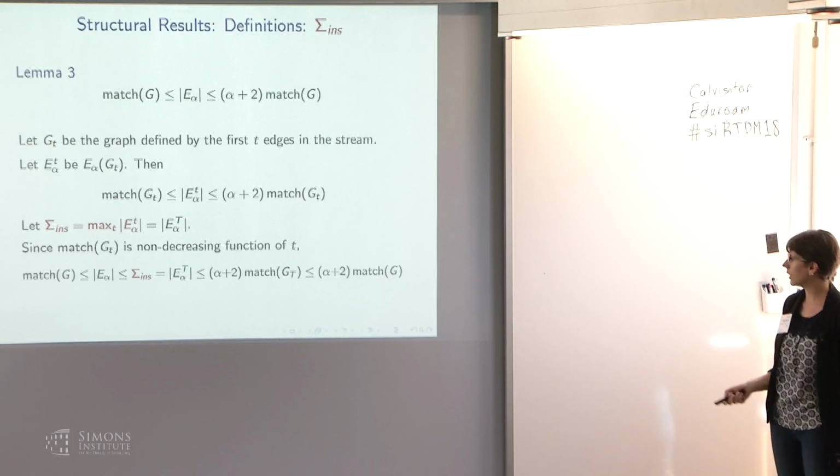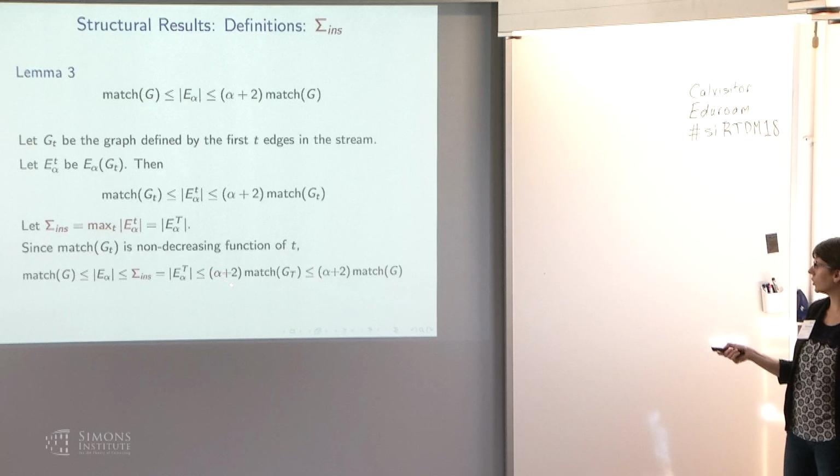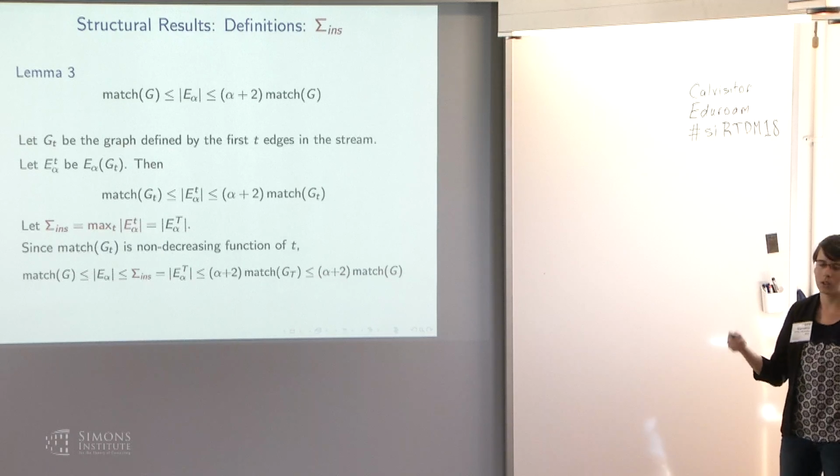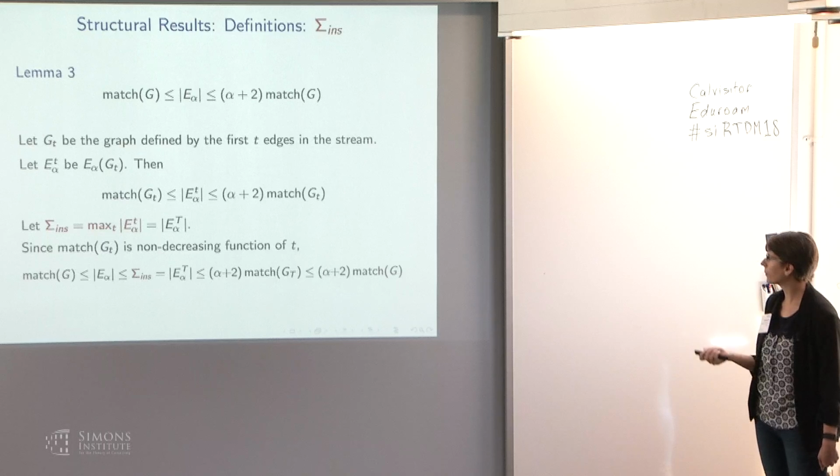And on the other hand, it is at most alpha plus 2 times the matching in the subgraph G capital T, which is at most alpha plus 2 of the matching in the entire graph. So sigma insert is still an alpha plus 2 approximation of the matching in G.